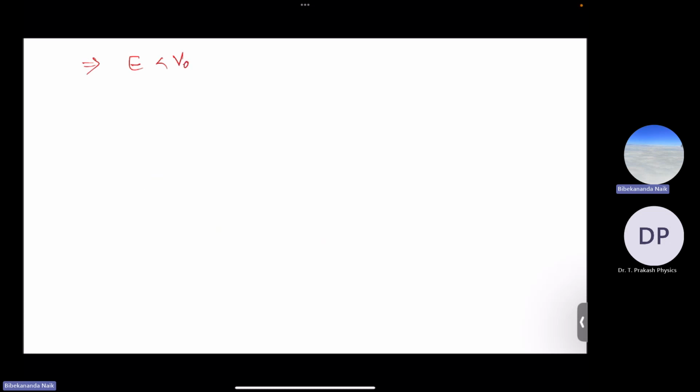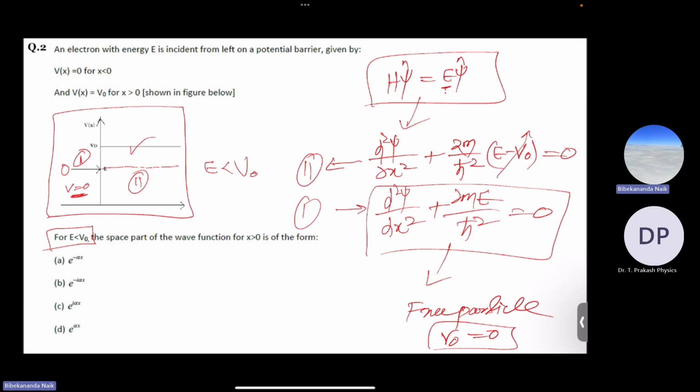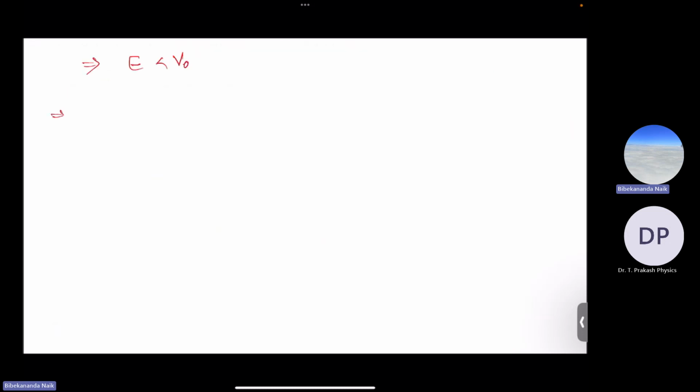Since E is less than V0, this term is negative, is it not? So if you solve, it will be d square phi by dx square minus 2m by h cross square (V0 minus E) psi equals 0.